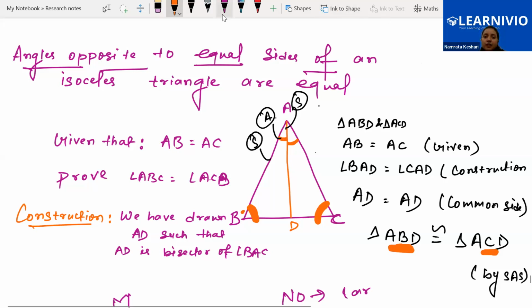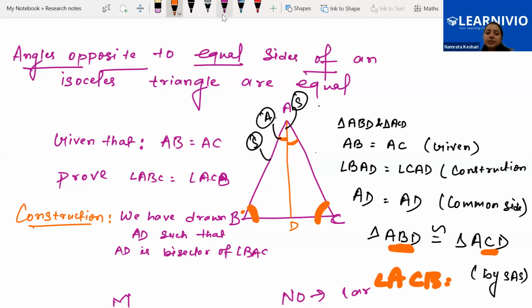Okay, so now hence we are done with the proof. Hence we can say that angle ACB is equal to angle ABC by CPCT. Angle ACB is equal to angle ABC, or maybe angle ABC is equal to angle ACB, by CPCT.